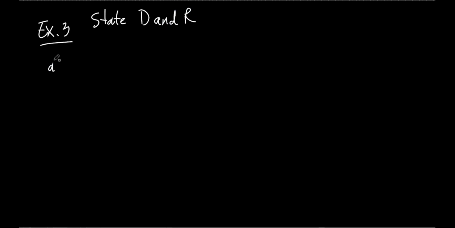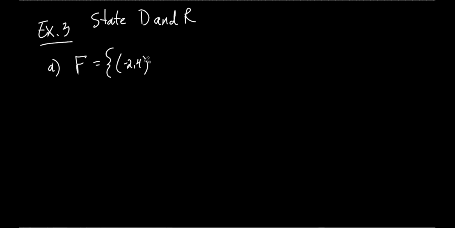Example 3 says state the domain and range of each of these relations. So here's part A. They give this relation a capital letter for the name, and remember what a relation is.